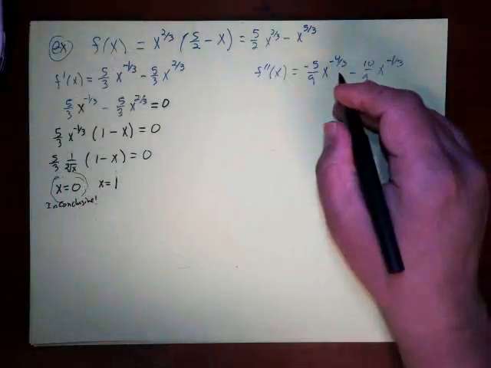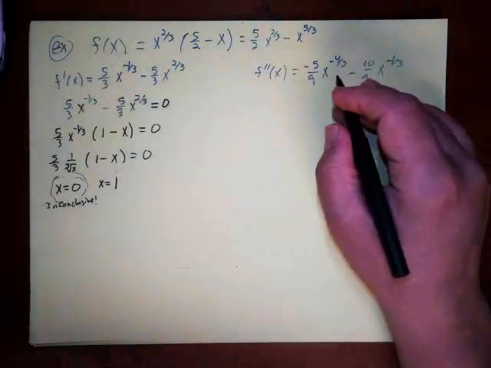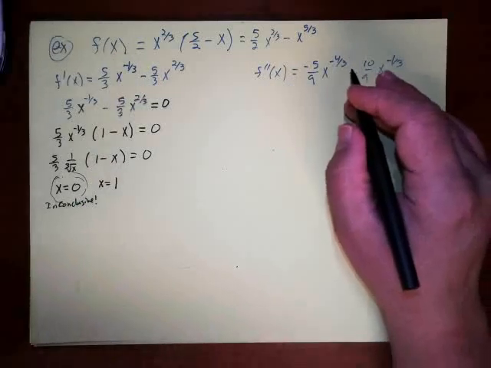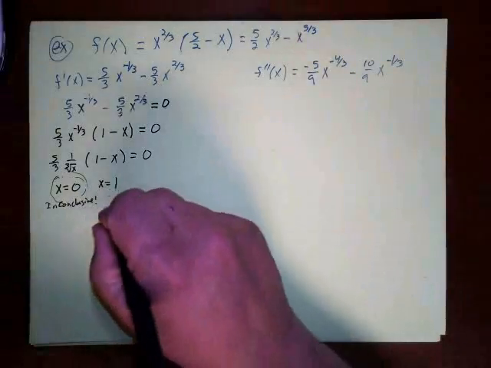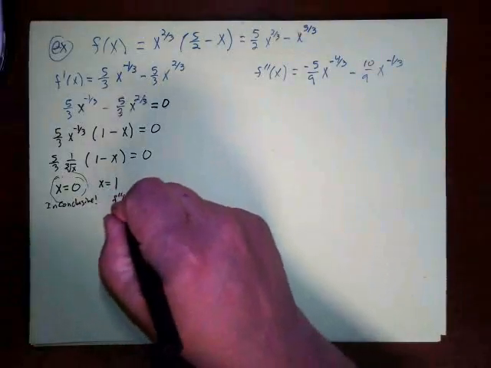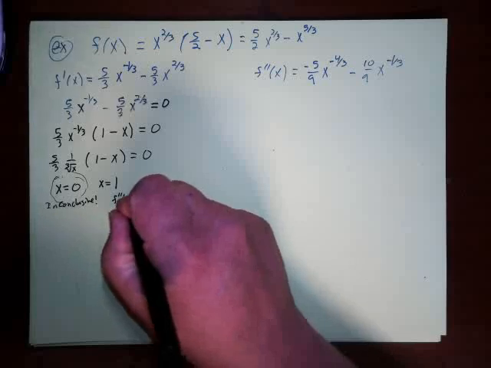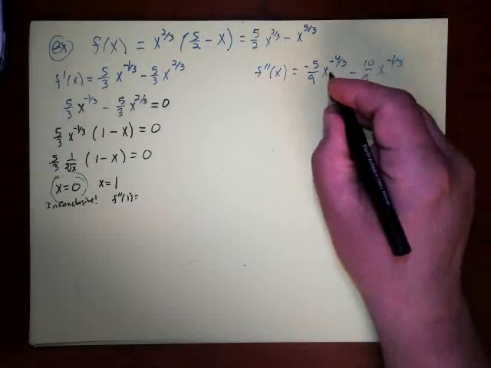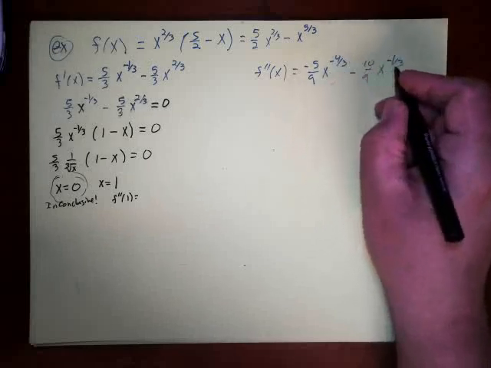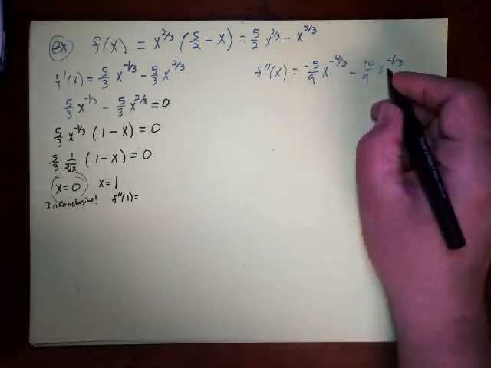Okay, now I can put in 1 here, and I've done that already. If I put in 1 here, f double prime of 1, and you could use a calculator, I guess. In this case, it's not too bad because when you put in 1, both of these end up being 1 to any power is 1.